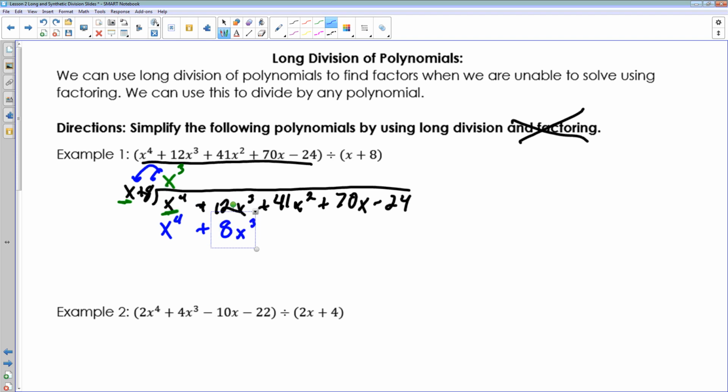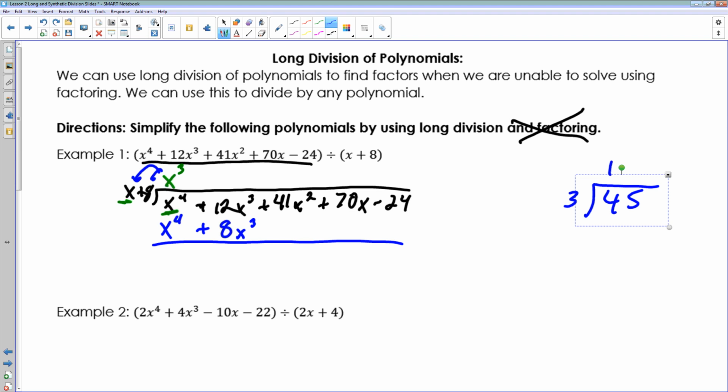Now, if you remember from way back when you were younger, say we had 45 divided by 3. You would say, well, 3 goes into 4 one time. You multiply to get 3, and then you would subtract. 4 minus 3 is 1, and then we'd bring down the 5, and then we would do it all over again. The same process applies when we're talking about polynomials, okay?